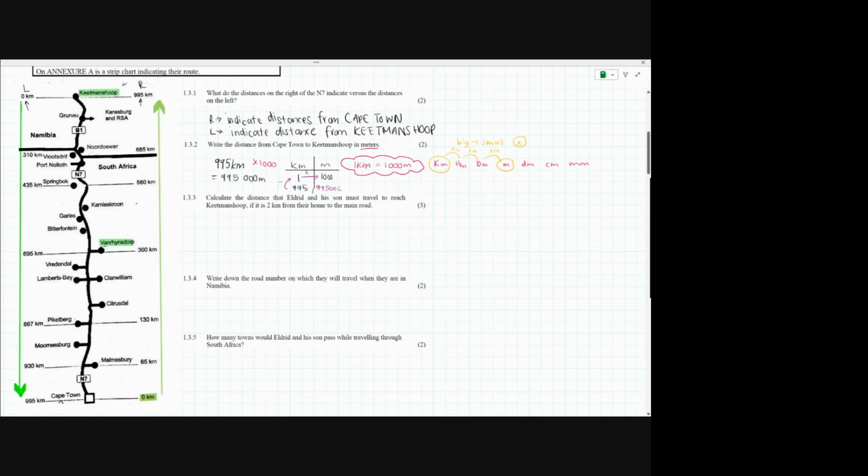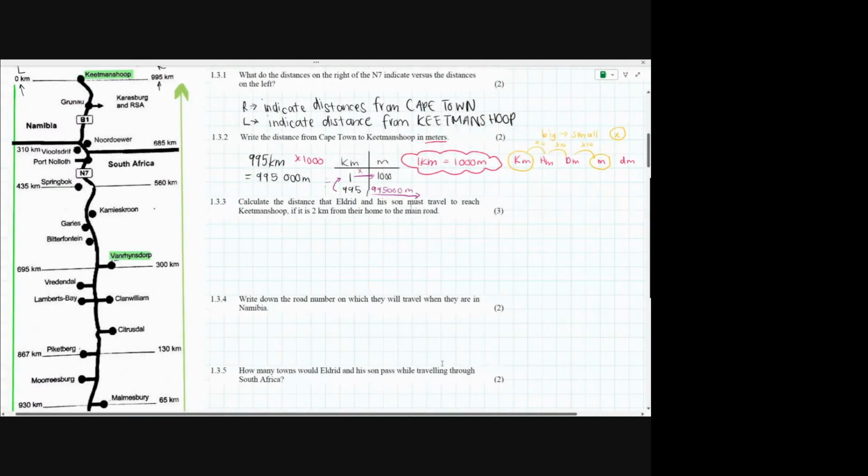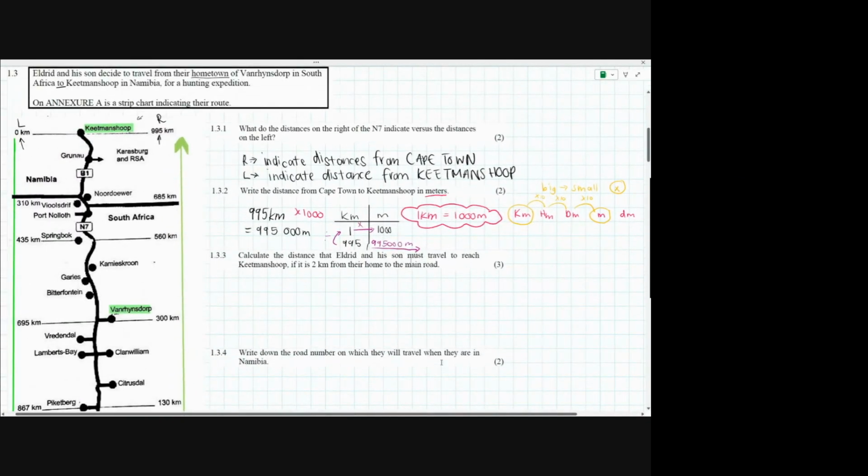So you must do whatever you're comfortable with. There's no reason for you to use a method that you're not comfortable with. You do you. There are a couple of different ways that you can do it. Either you just know the conversion and you know to multiply, you can use King Henry, or you can use the trick method. Remember I said the trick method is particularly useful, especially if you don't know whether to multiply or divide.